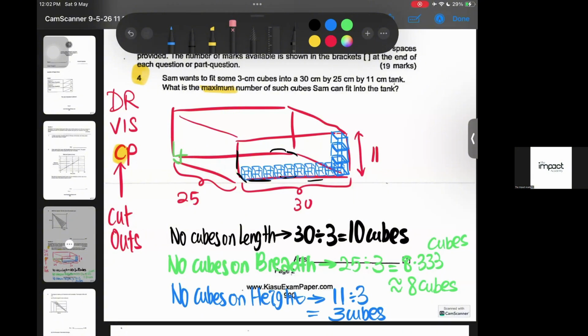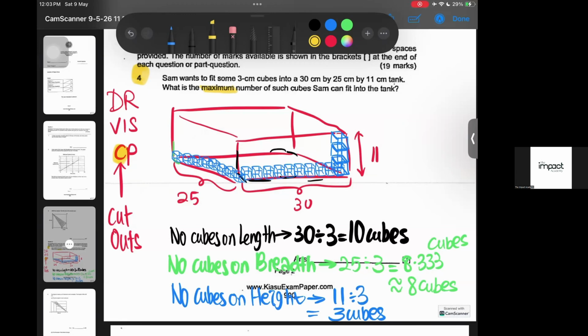Very good. Do you understand or don't understand? How many on the breadth? You were saying 8, right? Let's put 1, 2, 3, 4, 5, 6, 7, 8. Then you're like, "Cher, this is my answer."